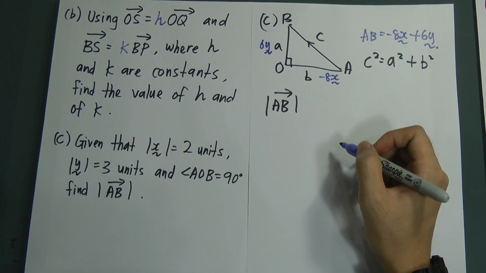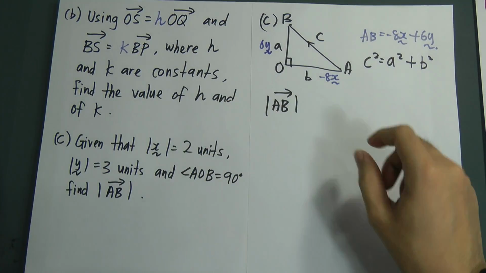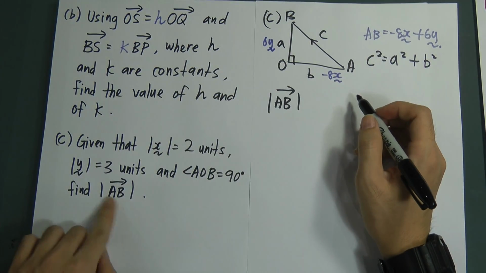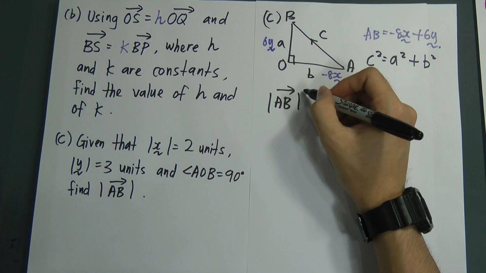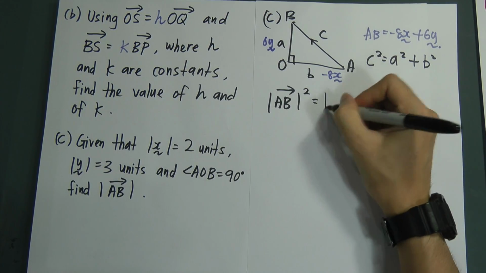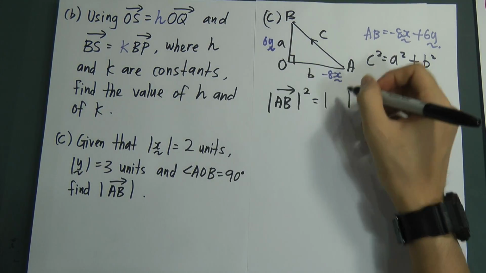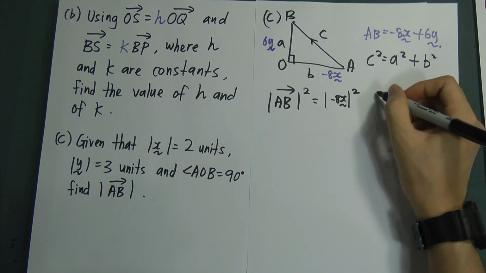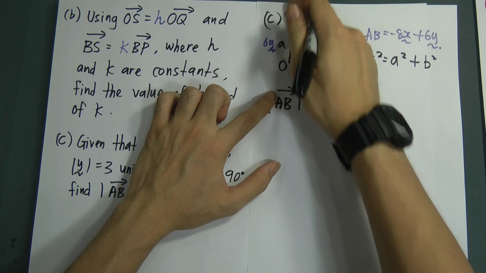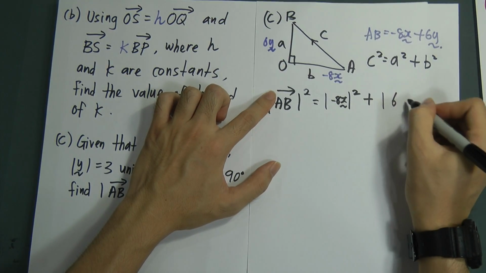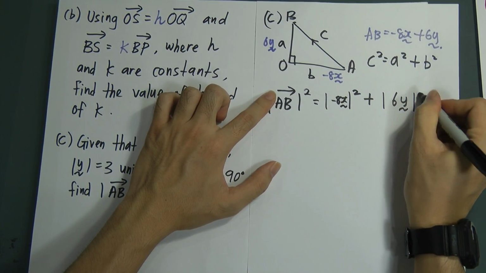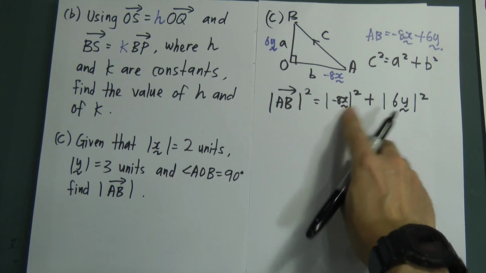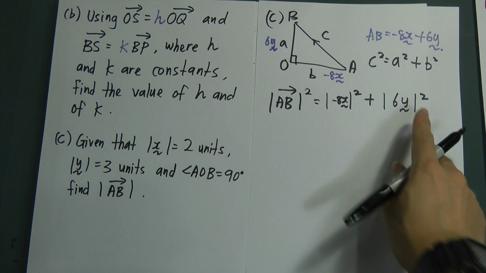So now I apply the Pythagoras. We want to find the magnitude for AB. AB squared will equal to negative 8x squared plus OB, which is 6y squared. C squared equal to A squared plus B squared, or B squared plus A squared.